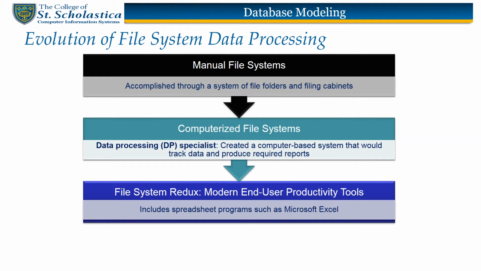Therefore, a data processing (DP) specialist was hired to create a computer-based system that would track data and produce required reports. The end user's desire for direct hands-on access to data helped to fuel the adoption of personal computers and spreadsheet programs, which allow users to enter data in a series of rows and columns in order to manipulate data with various functions.